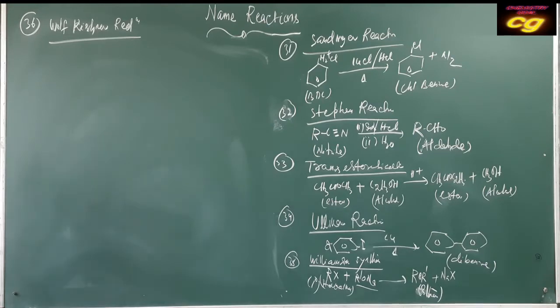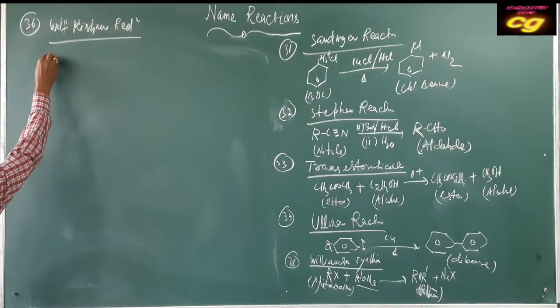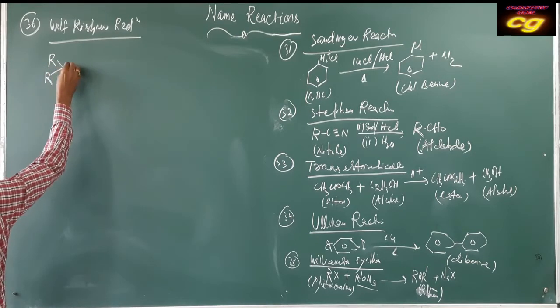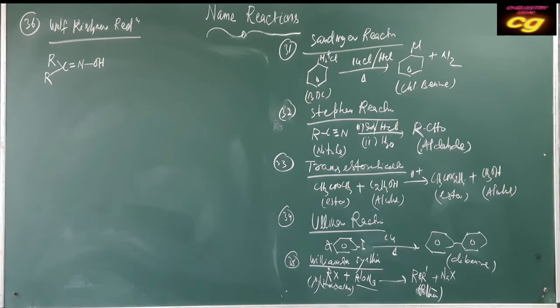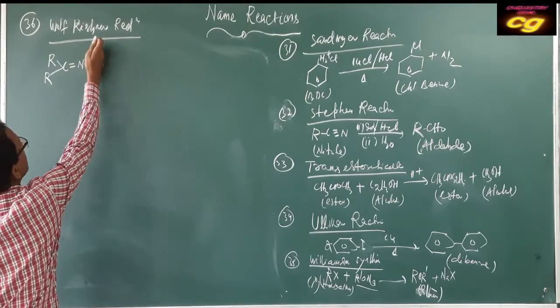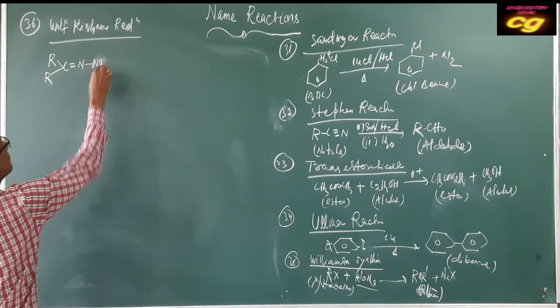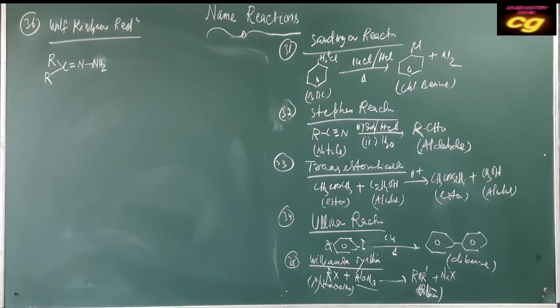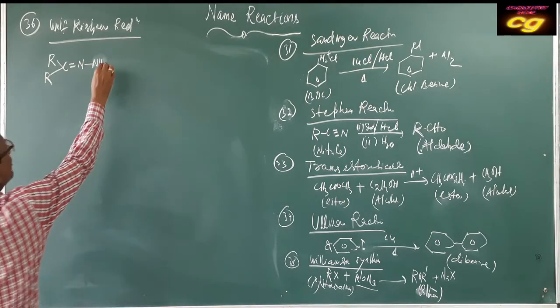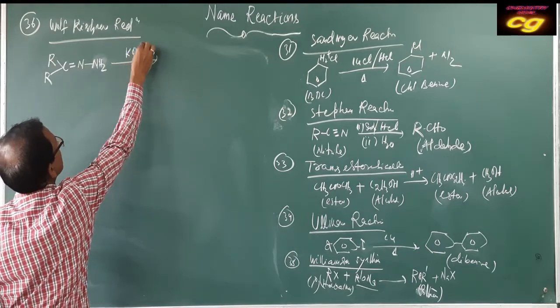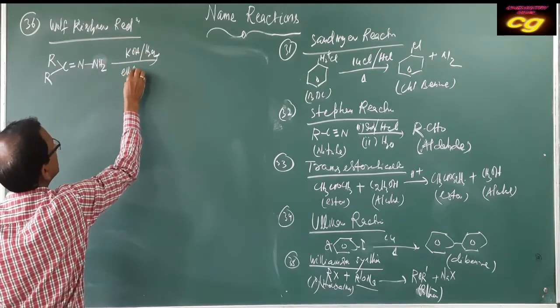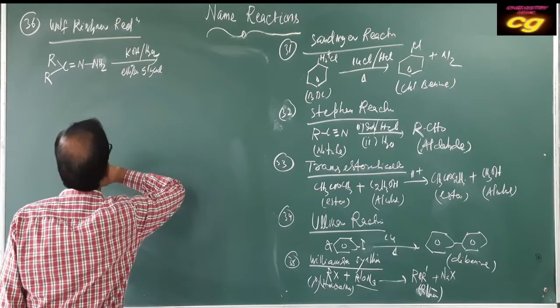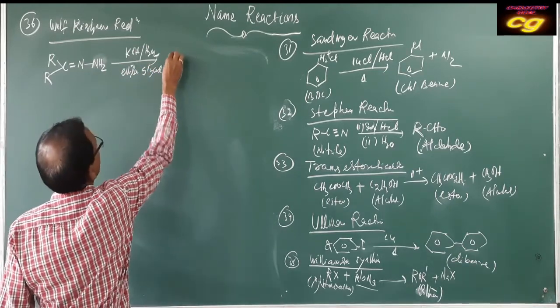Here what happens when a ketone is treated with hydrazine derivatives, that is hydrazine derivatives of ketone or aldehyde, treated with KOH and ethylene glycol, it converts to alkane.